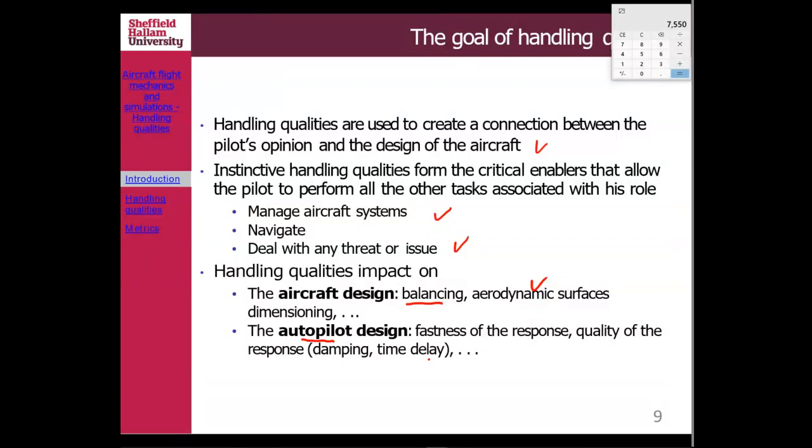So how you size your aileron, size your elevator, and so on and so forth, right? That is very much related to the response of your aircraft. Those of you who design the aileron flight control system, for example, know why we refer to the military standard 8785C document, right?